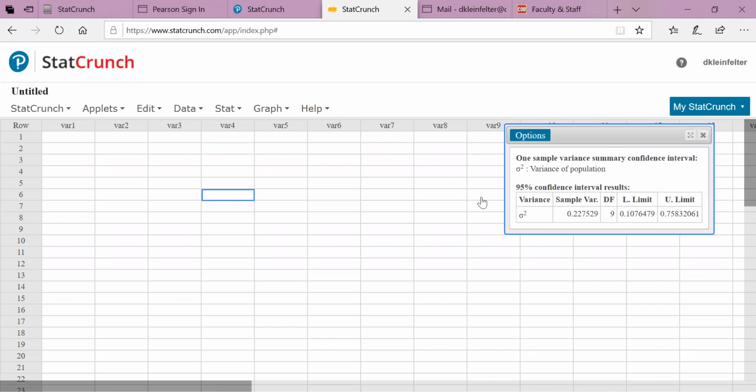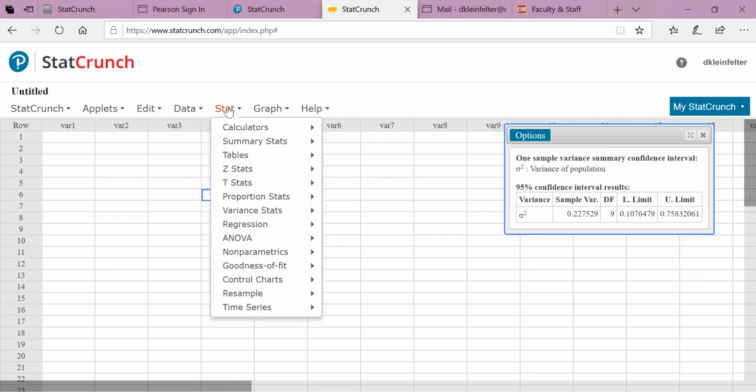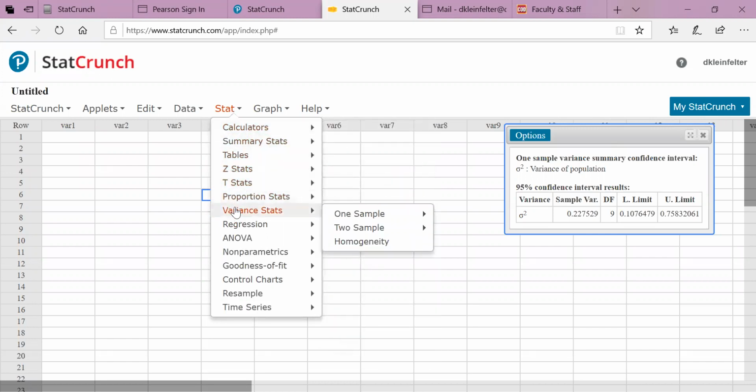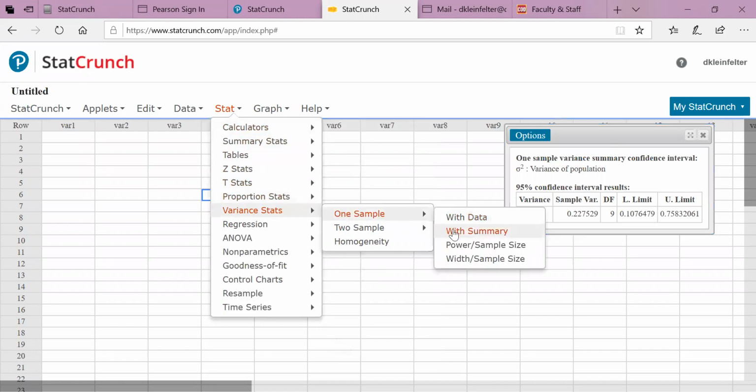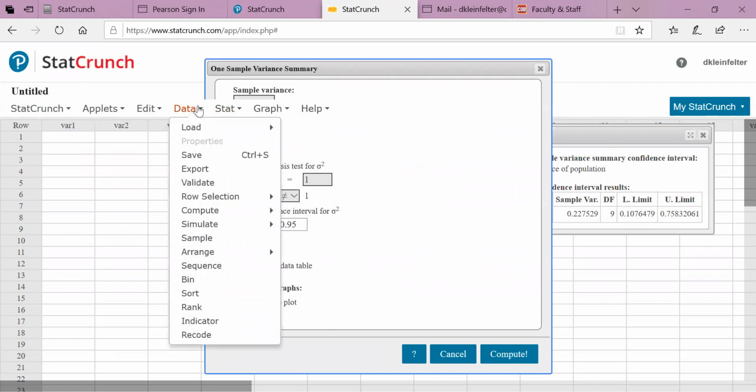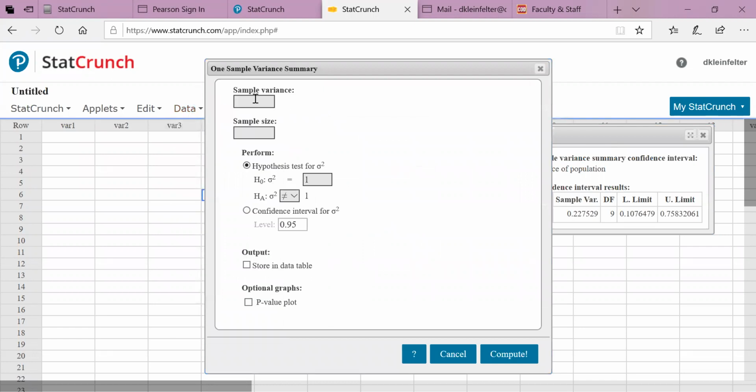All right, so now let's go ahead and do it also for the Bank of Providence. Once again, we'll go down to Stat, then Variance Stats, one sample with summary. Sample variance. Again, the standard deviation is 1.822, so we'll need to square that to get the variance.